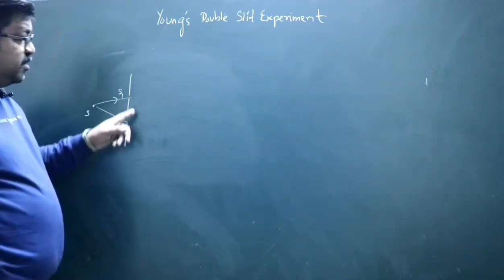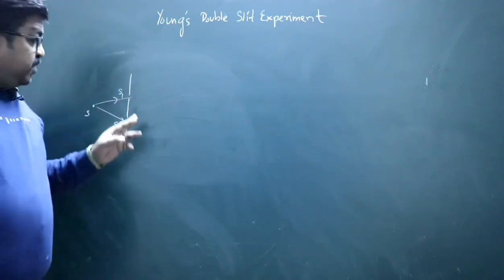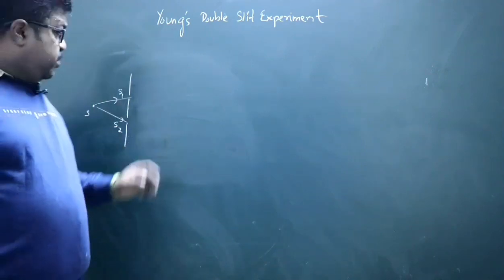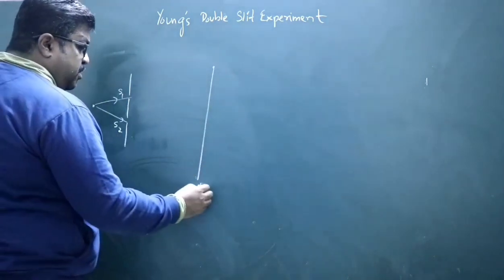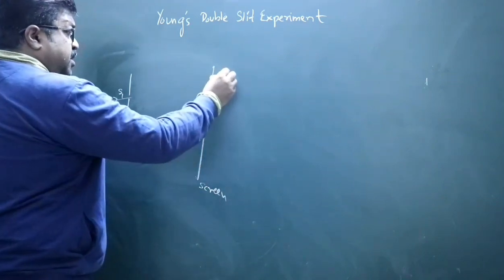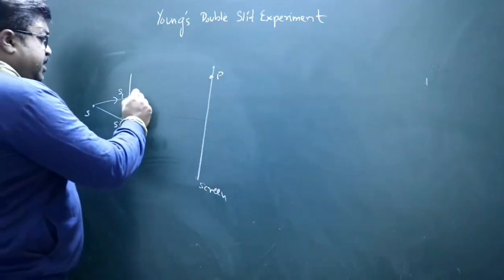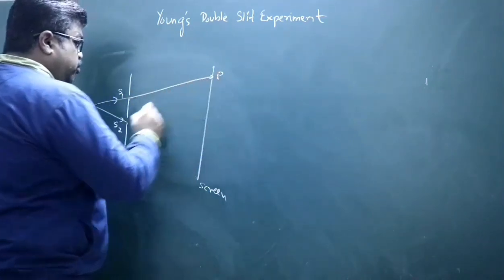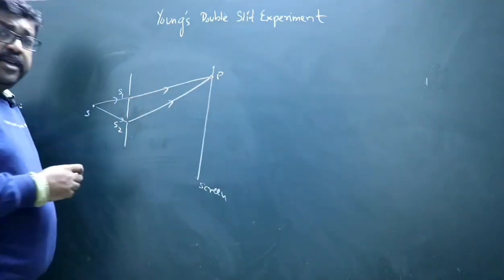The light coming out from these two slits, these slits will act as sources. Now this light is made to be incident on the screen. This is the screen, and suppose at some point P we are observing the intensity. Light from S1 is going to P, light from S2 is also going to P.